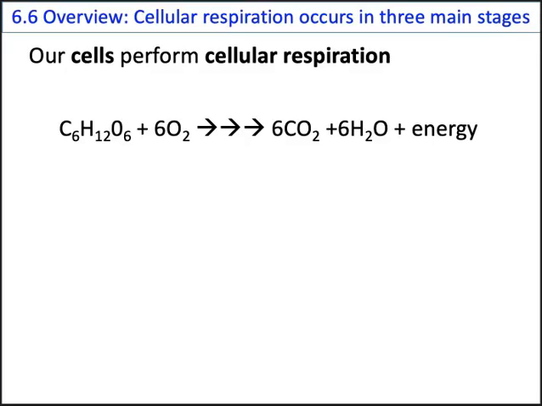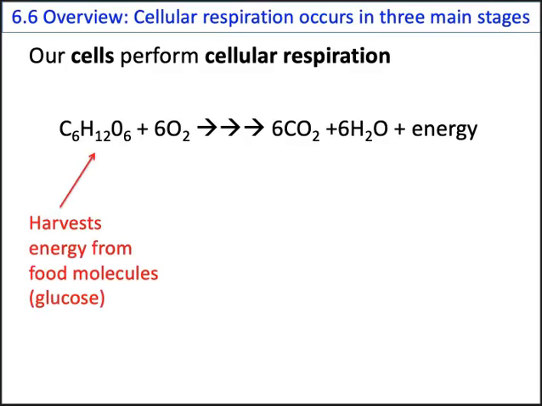Now remember that our cells perform cellular respiration, which is the process of breaking down the energy from food molecules to release ATP, which your cell can use to power the work of the cell. We start off with C6H12O6. That's the chemical formula for glucose, although your cells can use other food molecules, but we'll use glucose as our example.